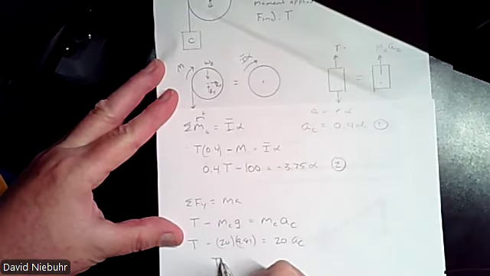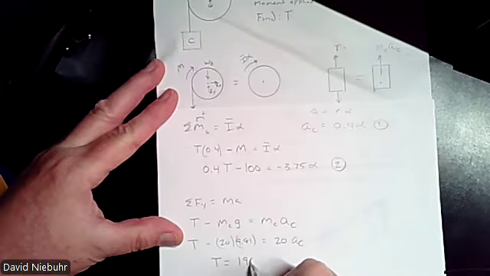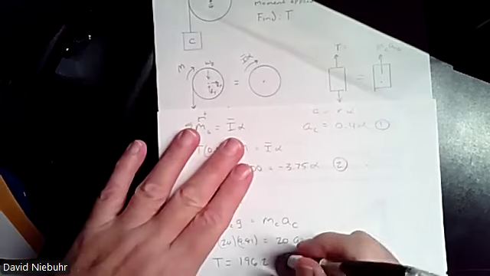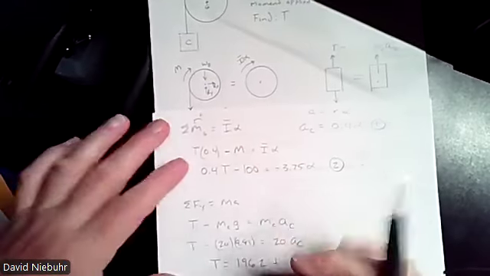If we simplify, T equals 196.2 plus 8 alpha.